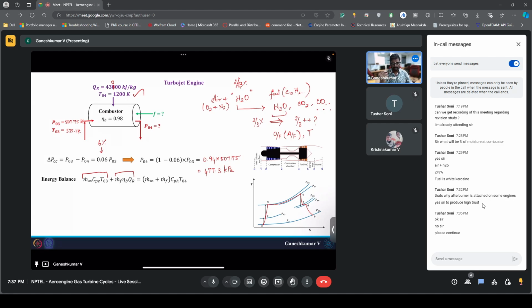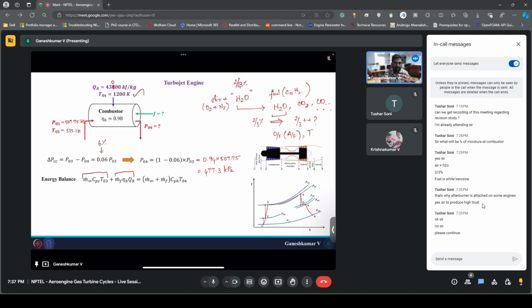There are two heating values, lower heating value and higher heating value. So can you guess what would be the difference between lower heating value and higher heating value? It actually relates to Tushar's question also. It has something to do with H2O, water or steam.